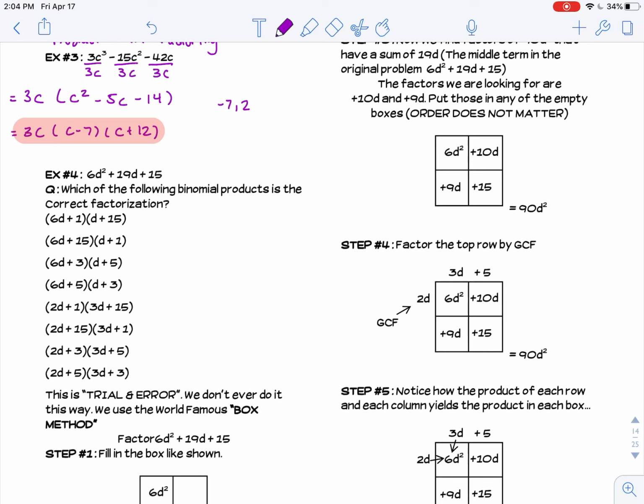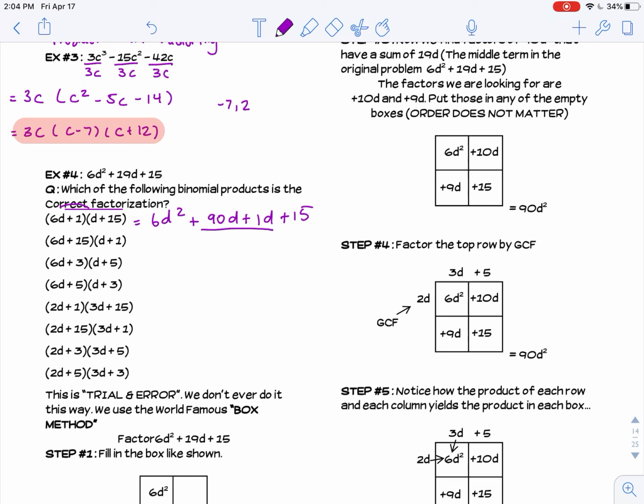So here, if I did all these examples and distributed 6d squared plus 90d plus 1d plus 15, right away you can tell that's not going to work.